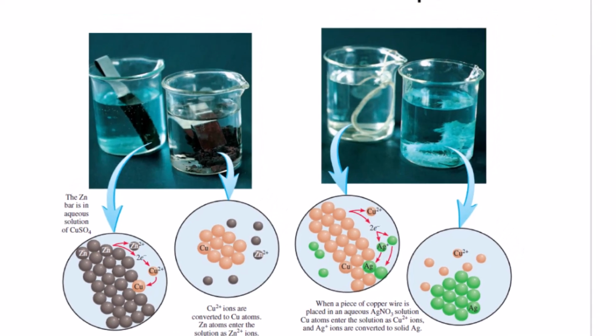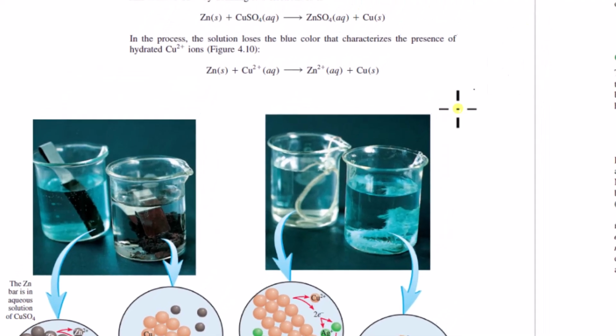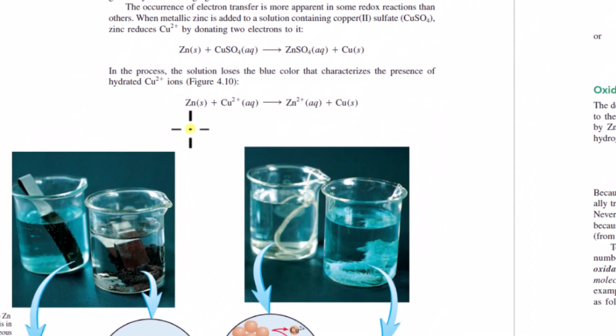Okay, so now we can go ahead and construct the half reactions for this redox reaction. And for a redox reaction in aqueous solution, we're going to reference the net ionic equation instead of the original equation. So, okay, the oxidation reaction, we're going to identify which of the reactants is losing electrons. Well, it's the zinc here, right?